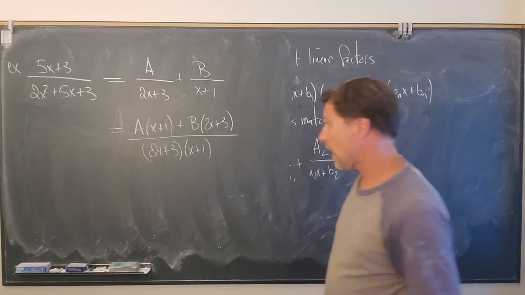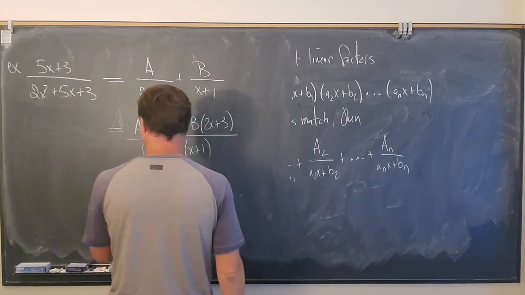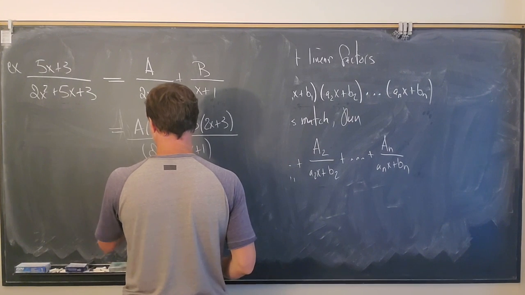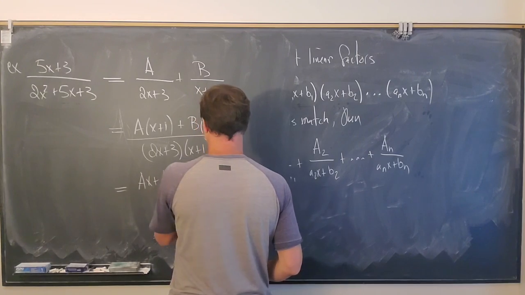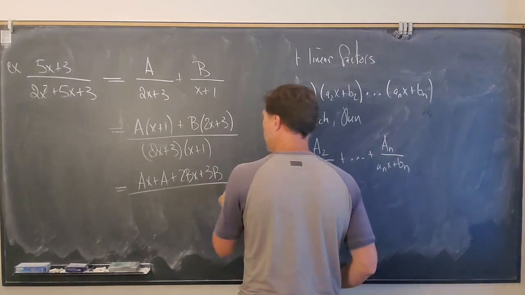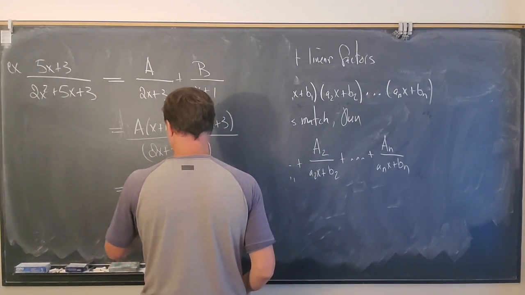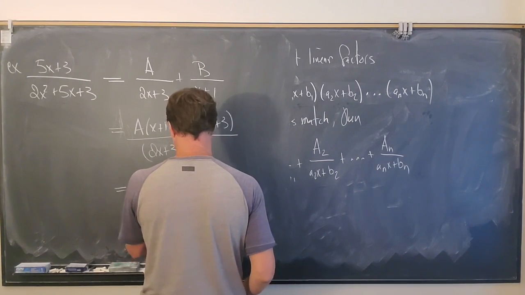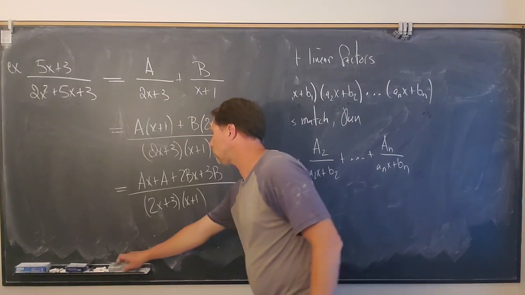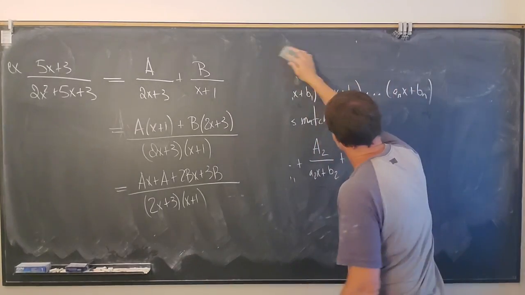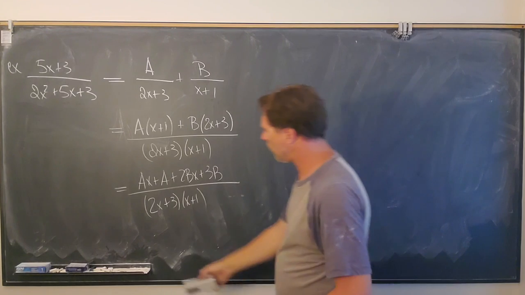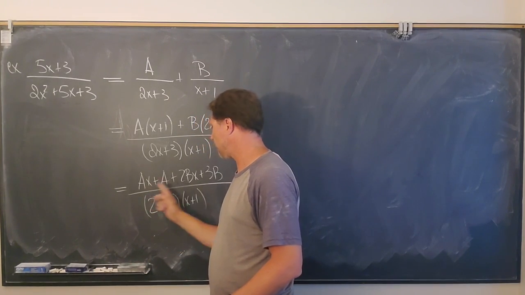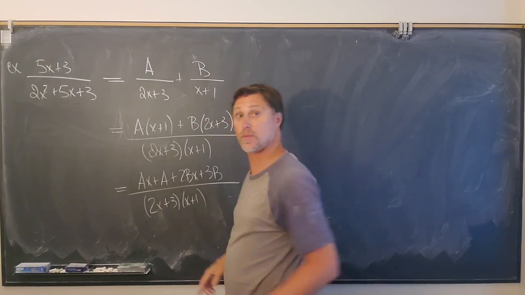Step 2, I'm going to multiply out the numerator. So I get ax plus a plus 2bx plus 3b, all divided by the same denominator, (2x plus 3)(x plus 1). Now, my next step: what I want to do is group the terms. So I see a couple of terms that involve x, and I see a couple of terms that are constants.